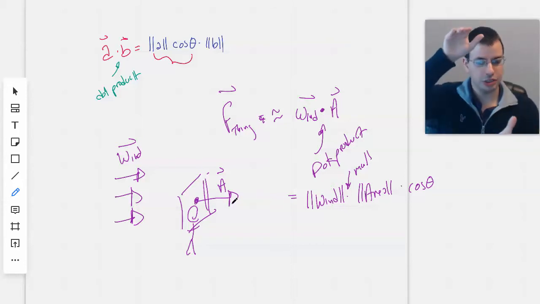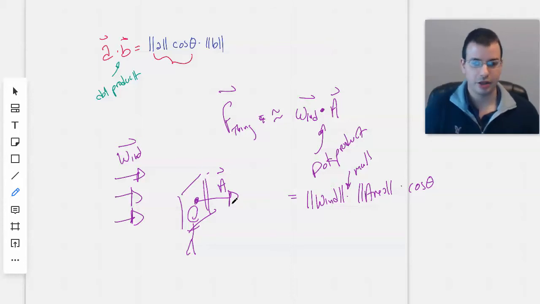So if you're carrying this painting across the street like this, and the wind's coming this way, then the area vector, which is perpendicular to the painting, will be in line with your wind vector. So theta would be 0, and cosine of 0 would be 1.